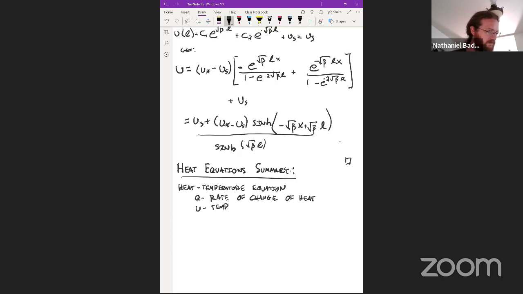C, the specific heat, and M, thermal mass.